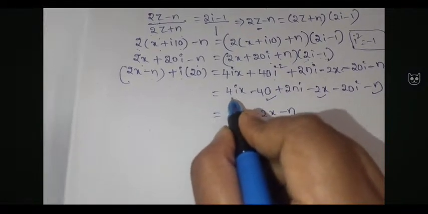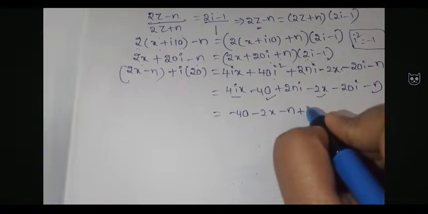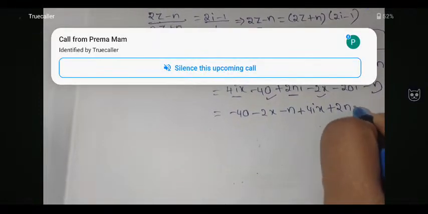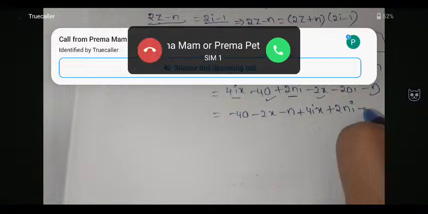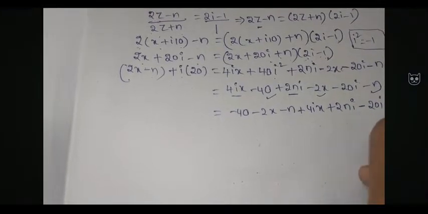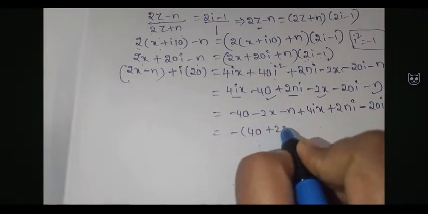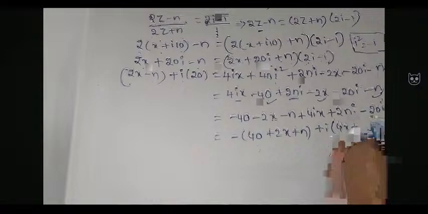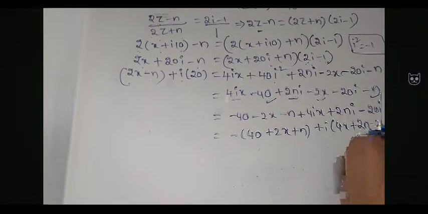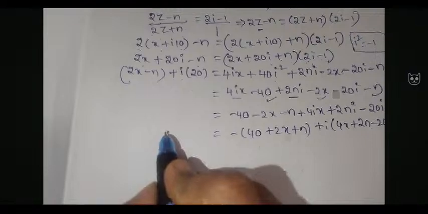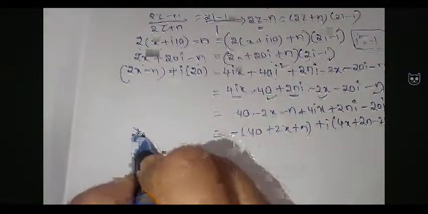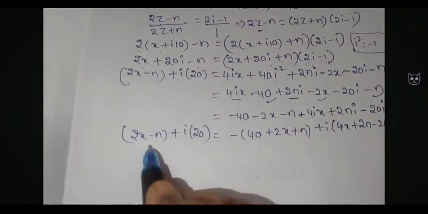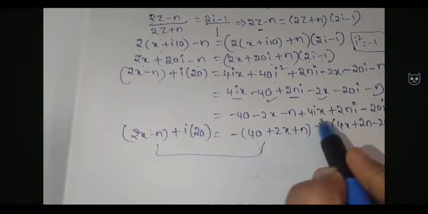The remaining is imaginary: 4ix plus 2ni minus 20i plus 2x plus n. Take common 4x plus 2n minus 20. So the left hand side is 2x minus n, plus i into 20.